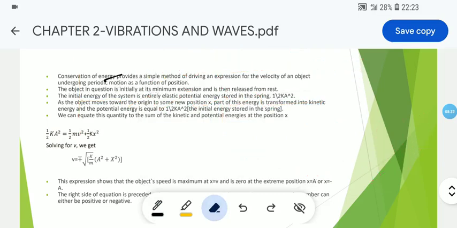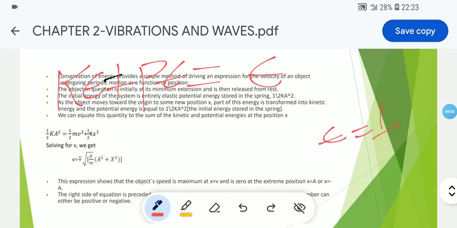Where this expression is coming from is the conservation of energy, because the total kinetic energy plus the elastic potential energy should be equal to a constant, and that constant is what you call the mechanical energy. So we know this mechanical energy is just 1/2 k a squared.